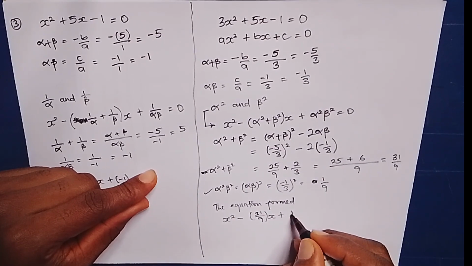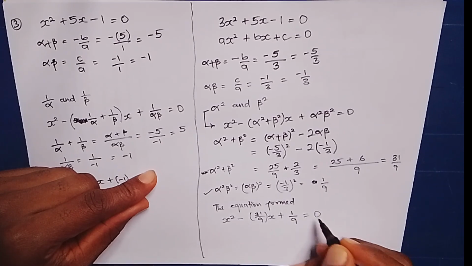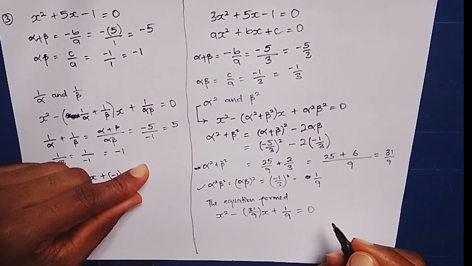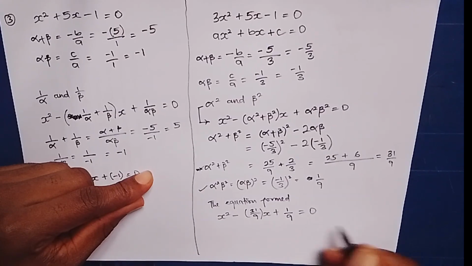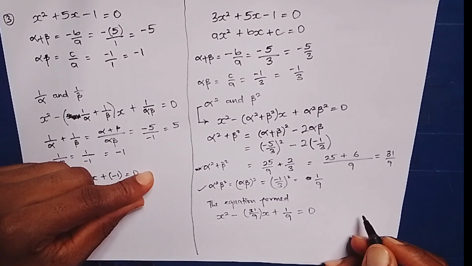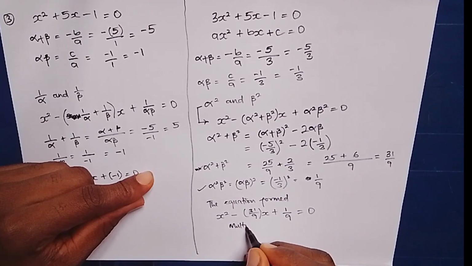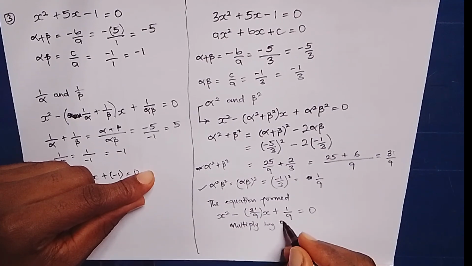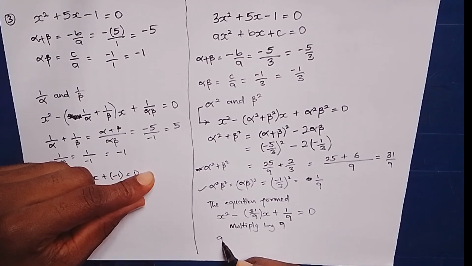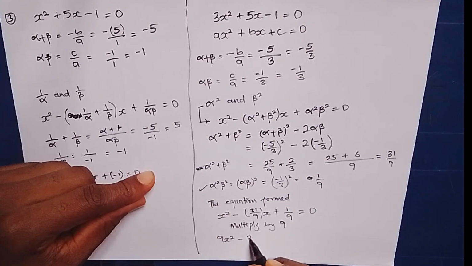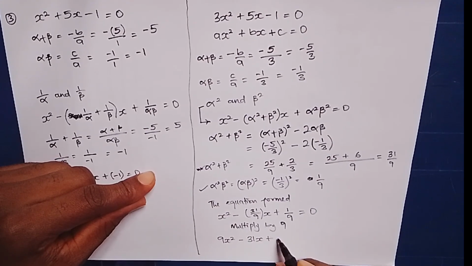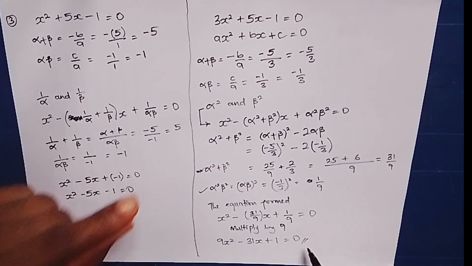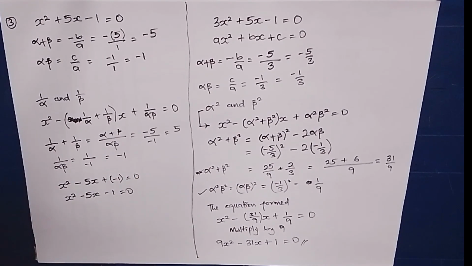It is 1 over 9, equals 0. So this is our answer, but we can do something to clear out the fractions. We multiply through by 9. So multiplying through by 9, we have 9x squared minus 31x plus 1 equals 0. So that's our final answer.